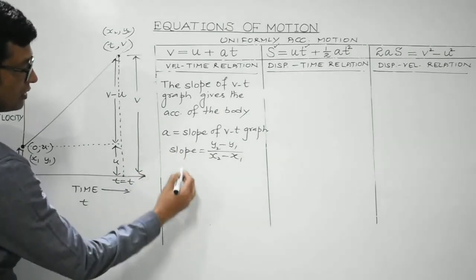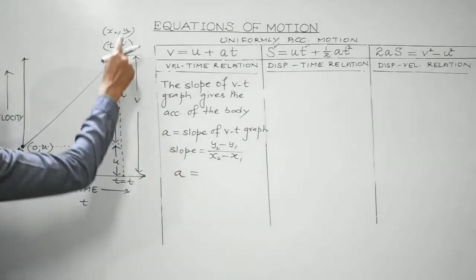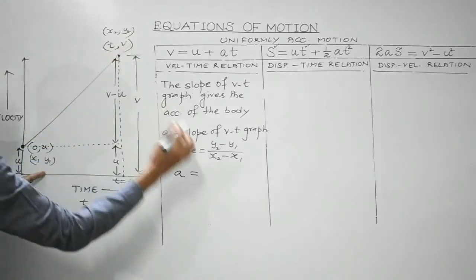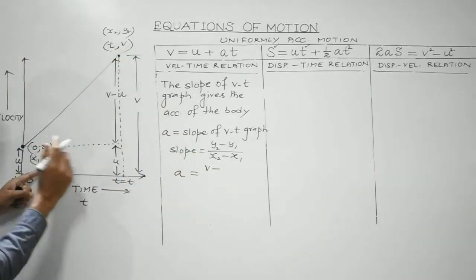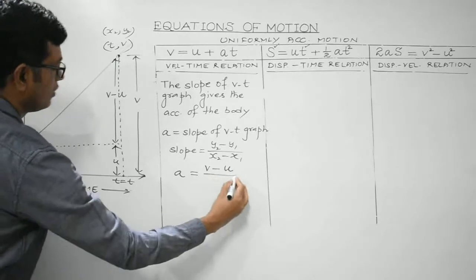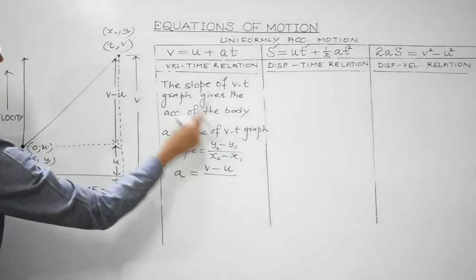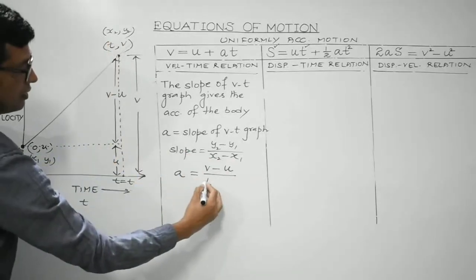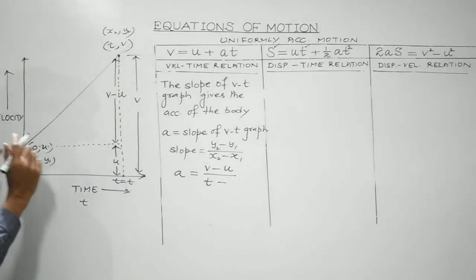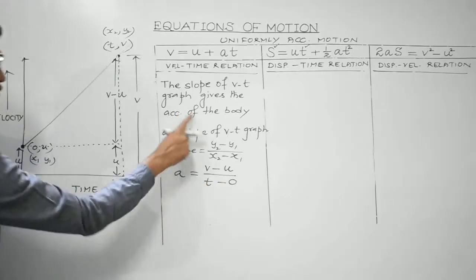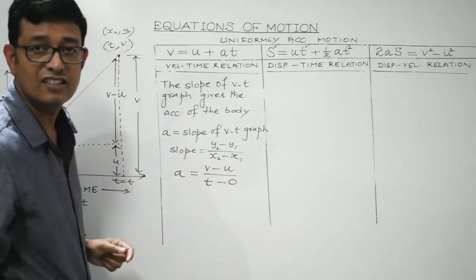So, slope will give us acceleration. Acceleration is y2 minus y1. y2 is v, y1 is u. x2 minus x1: x2 is t and x1 is 0. So the slope of the graph will give us acceleration.